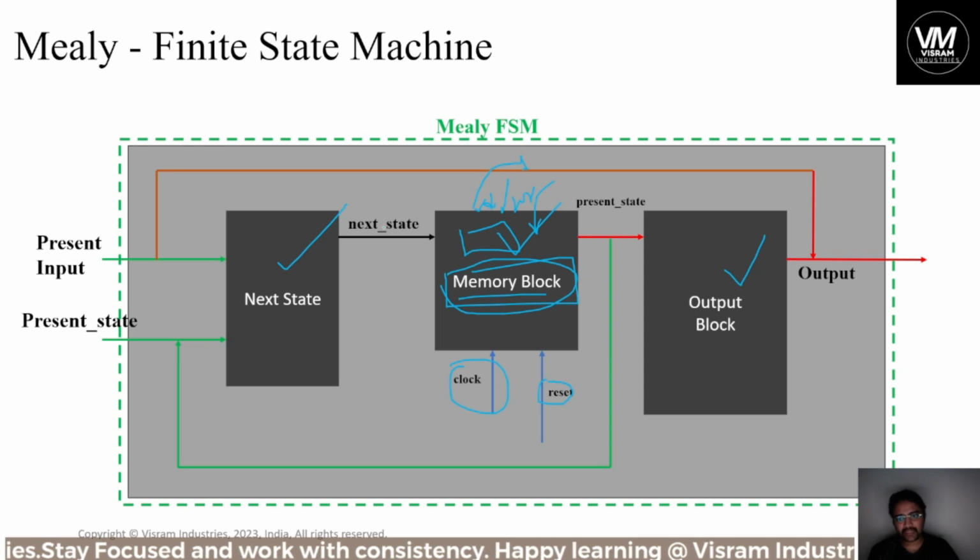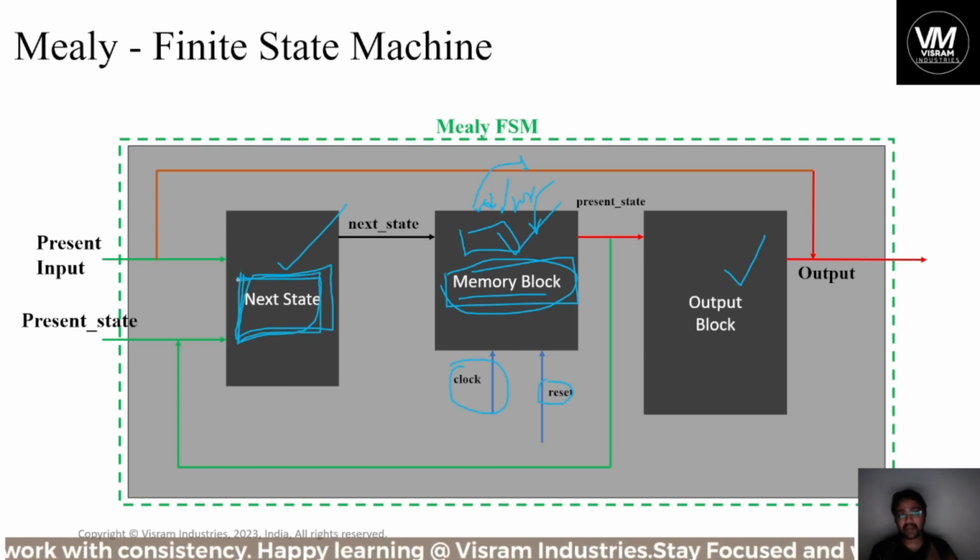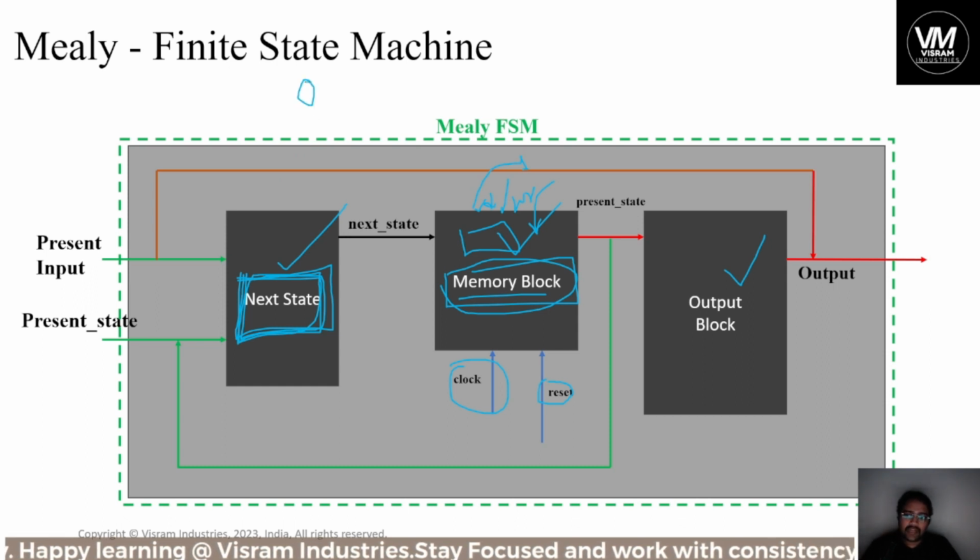Think of this kind. But before that, the next state block can have some functionality. It can have some set of primary defined parameters that it works on, based on the conditions of the next state. For example, you have state S0 and state S1.